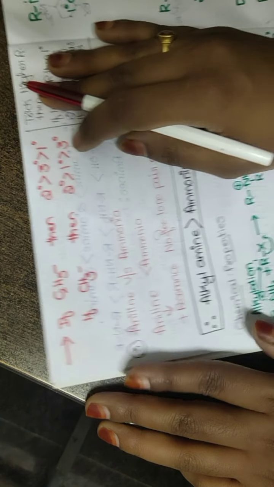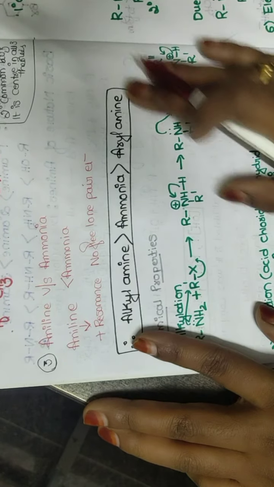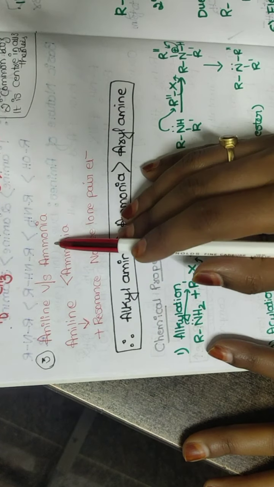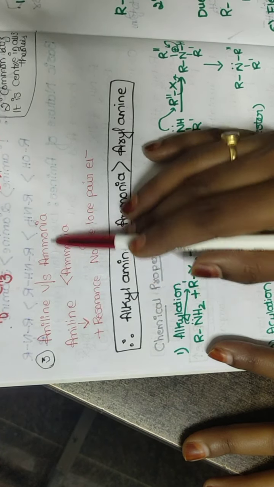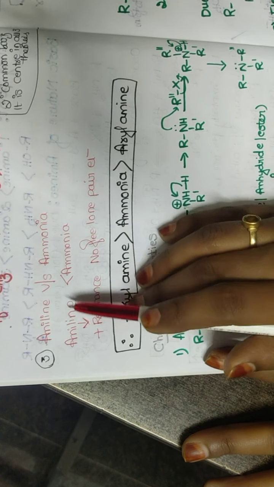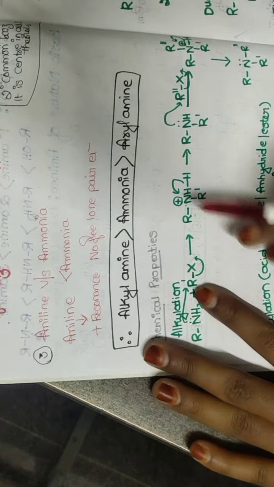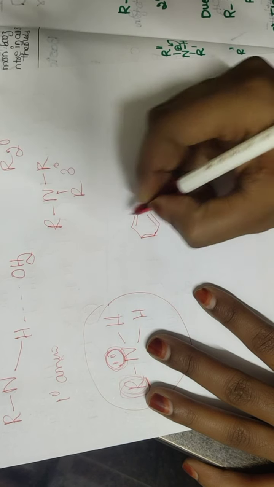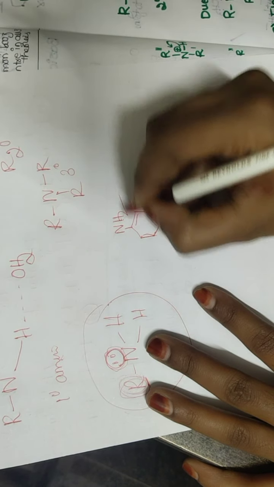Got my point? So finally we should know the basic character among aniline and ammonia. Who is more basic among them? Here ammonia is highly basic when compared to aniline. Why is it so? Because in case of aniline, I hope you know that aniline is nothing but C6H5NH2.